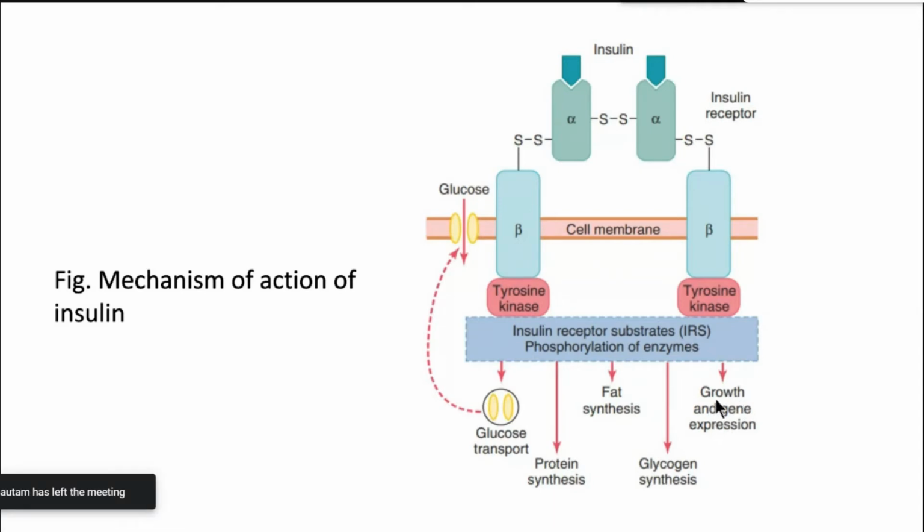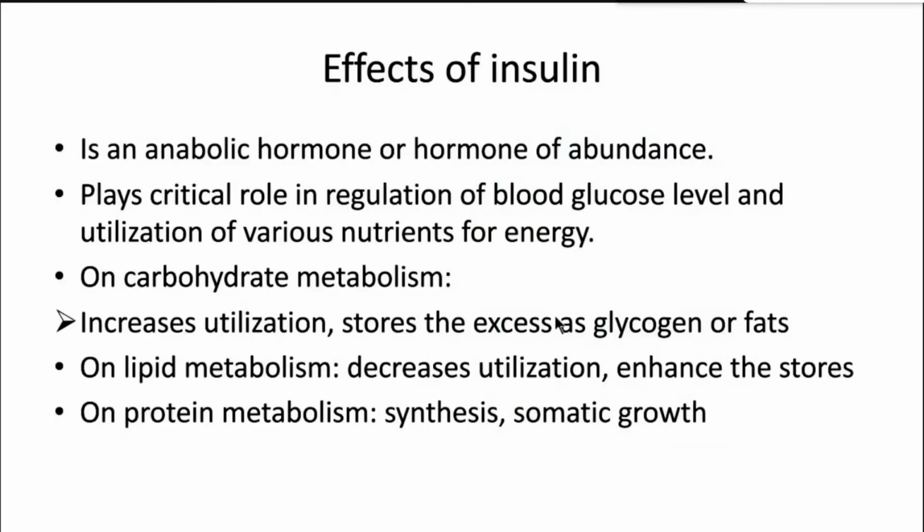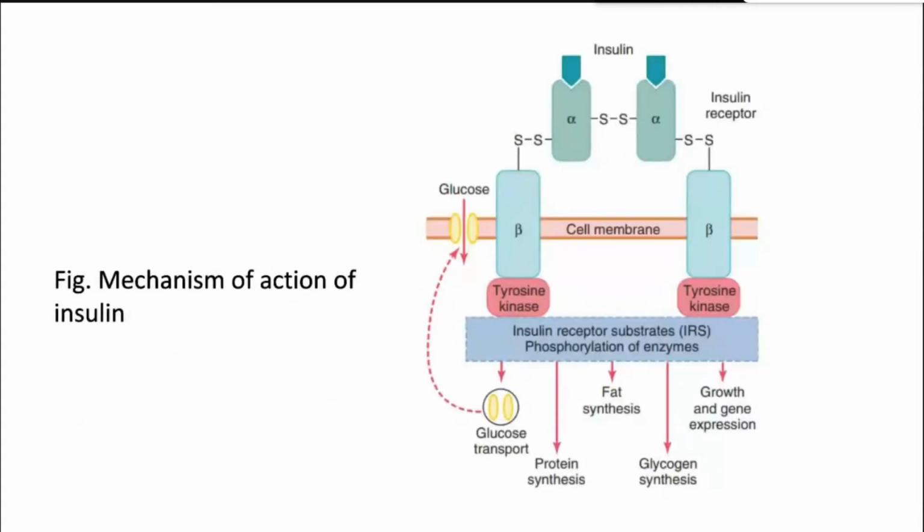And here we see that insulin has an effect on the nuclear machinery also, gene expression effects. This is the mechanism, and what are the final effects? As we have seen the different common effects, now we will describe them.